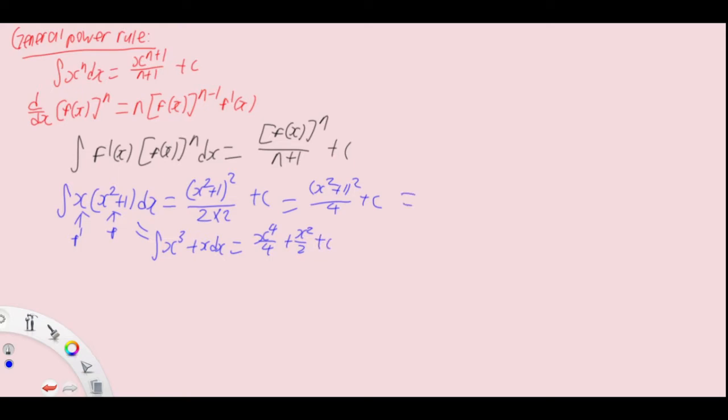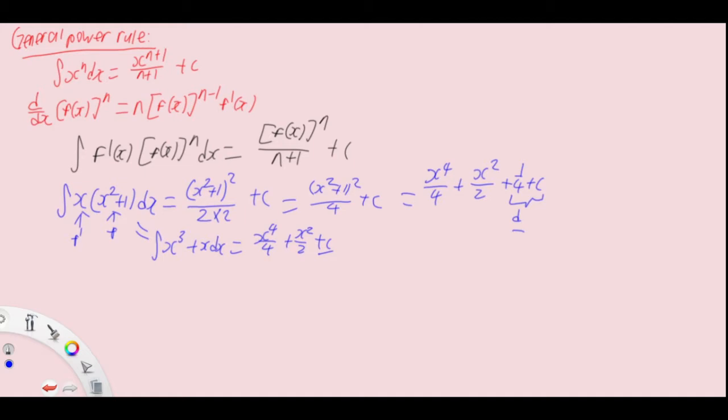Why? Because if I were to expand the top here, I'll get x to the power of 4 over 4 plus 2x squared over 4, which equals x squared over 2, plus 1 quarter plus c. 1 quarter and c are constants, so I can just rewrite this as d or any other letter. And you realize these two answers only differ by the letter c and d.